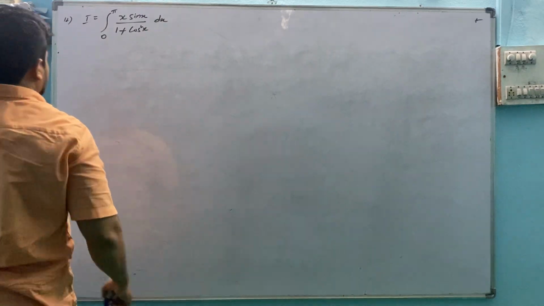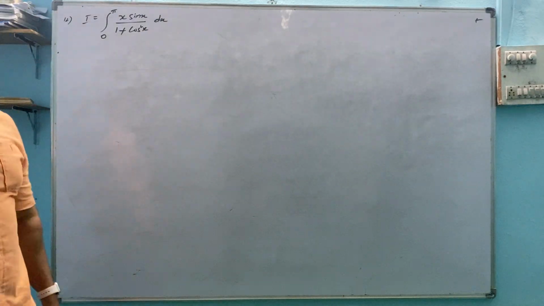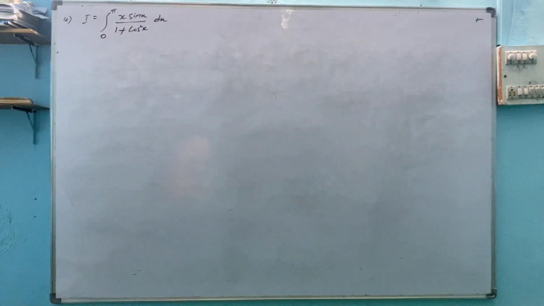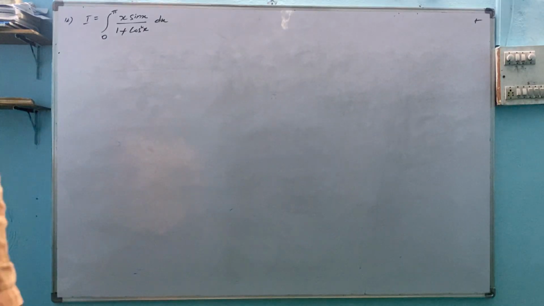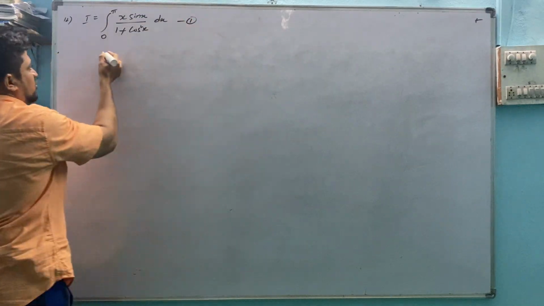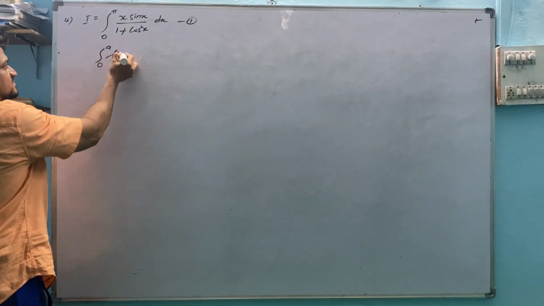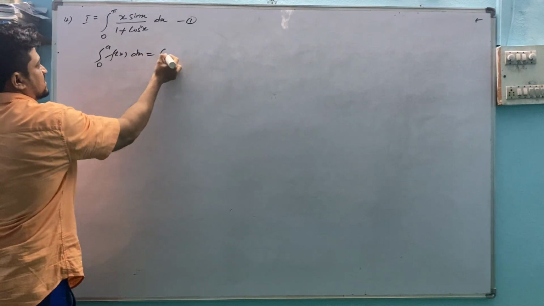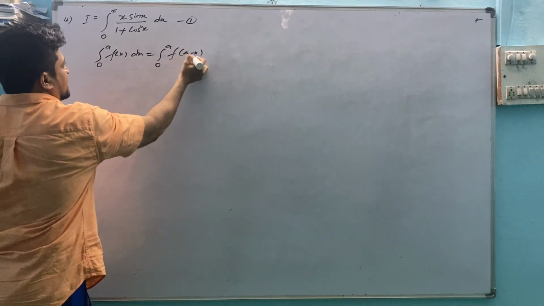Those who have not followed the previous one can understand this, you will get it easily. So what do we have here? 0 to pi. We will apply the property: integral 0 to a f of x equals integral 0 to a f of a minus x dx.